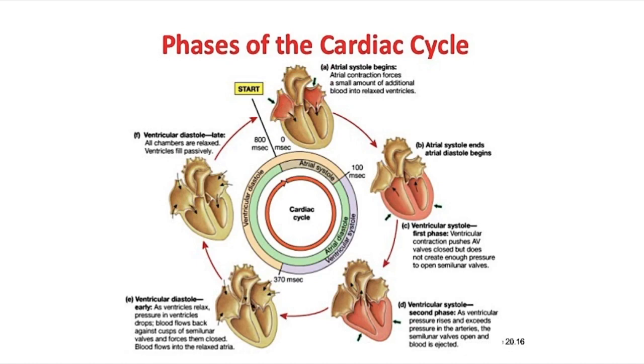Now keep note that the ventricular systole is 0.3 seconds. The high pressure generated during ventricular contraction forces the atrioventricular valves to close, preventing the backflow of blood into the atria.